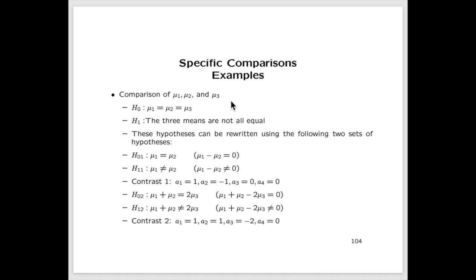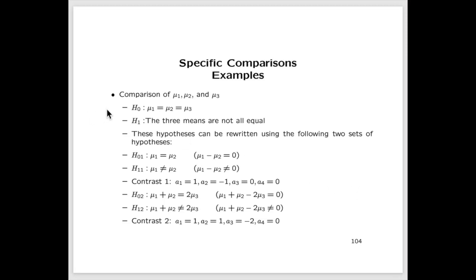So the bottom line here is that in order to compare these three means, we need two sets of hypotheses that are being tested. And these two sets of hypotheses would accomplish that goal.